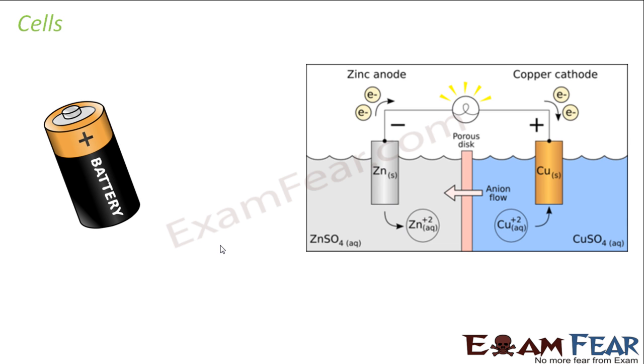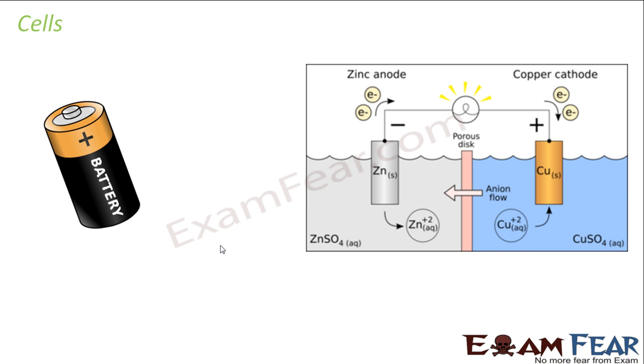What is the basic functionality, or what is the basic principle of the working of a cell? So when I talk of a cell, the first thing that comes to your mind is the battery, which you normally see around yourself, right? This battery is something which is very common and which is used by all of us.